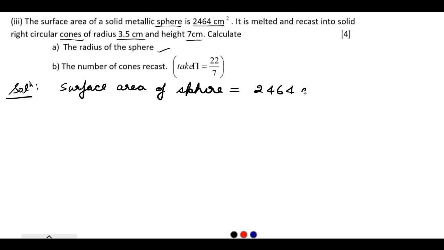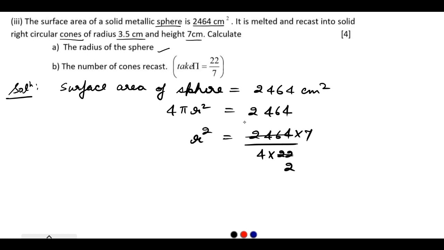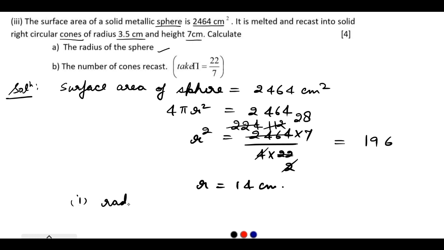Surface area is given 2464 centimeter square and surface area of the sphere, if the radius of a sphere is r, then it is equal to 4 pi r square. R is equal to 14 centimeter. It means radius of the sphere is equal to 14 centimeter. First part's answer we have found out.